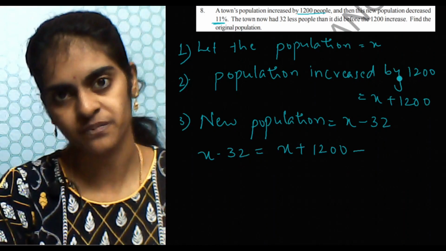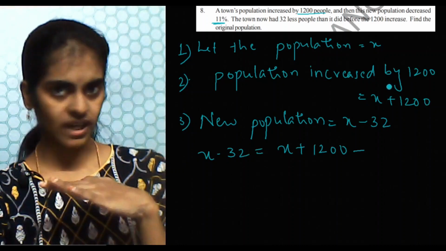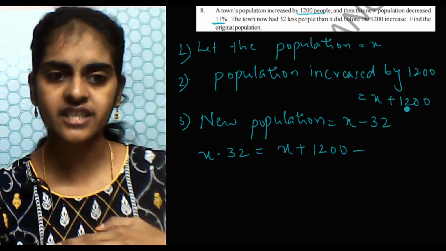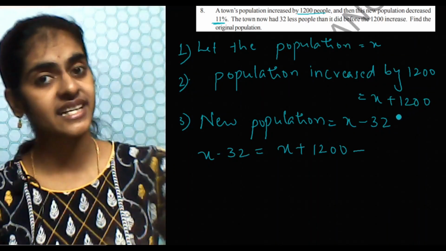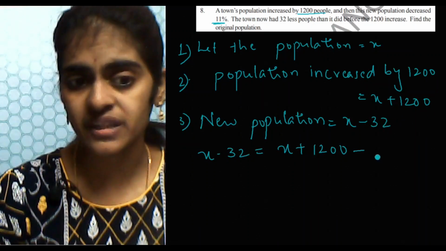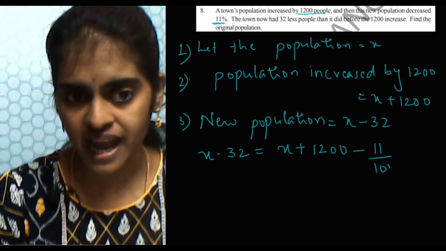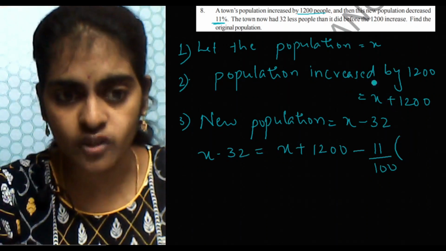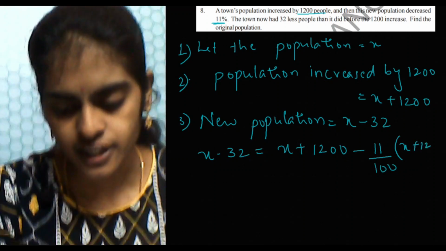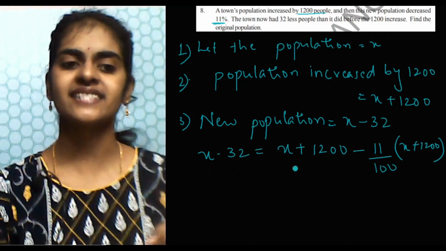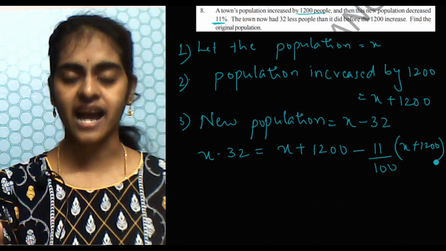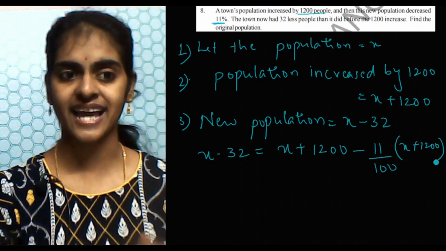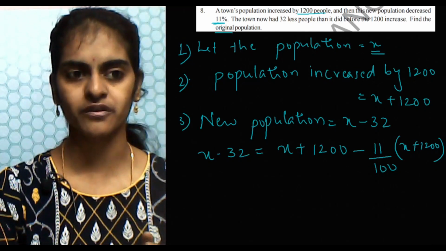On this population, whatever population you have now. How do we find percentage? 11% is nothing but 11 by 100. 11% of which population? Of x plus 1200. This is the final step. Once you have this step, it's simple, you have to calculate the value of x, because x is the original population. That is what we want.